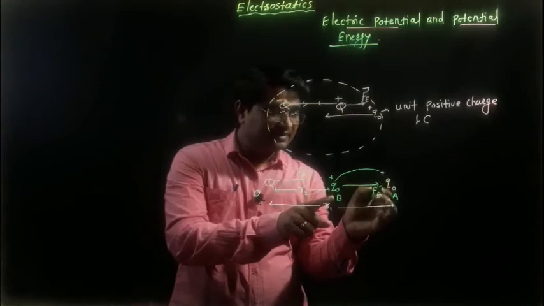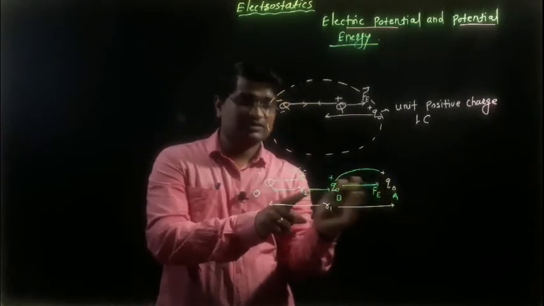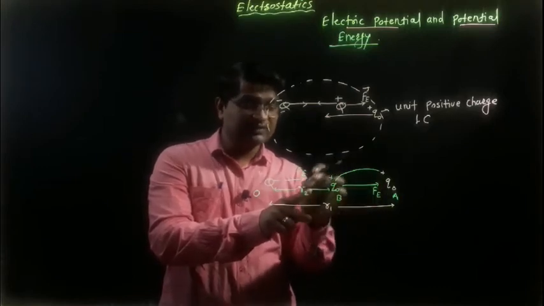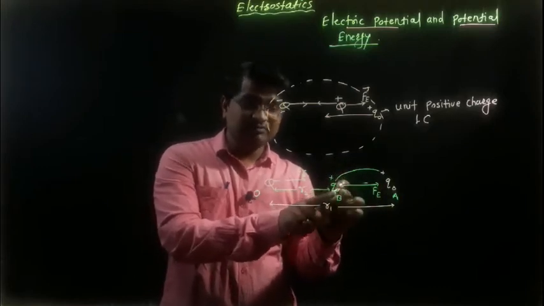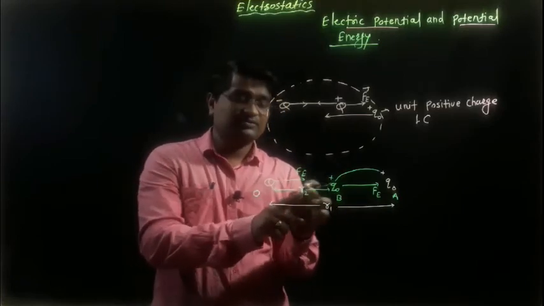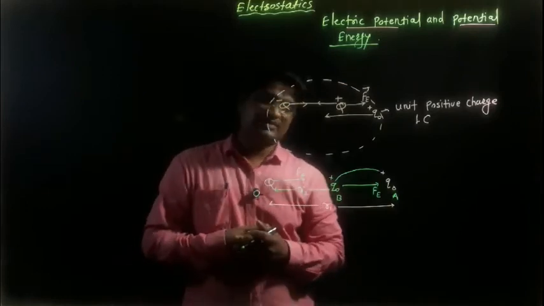So imagine that it moves from A again to this point. So work will be maximum. Work will increase. When the work increases, this unit positive charge reaches very close to the positive charge. Now the work will be maximum, which means its potential energy is also maximum.